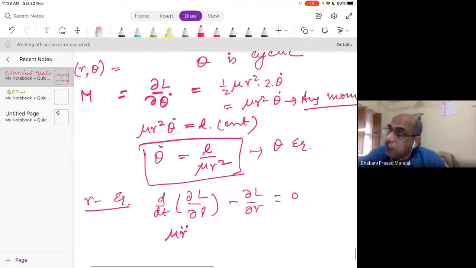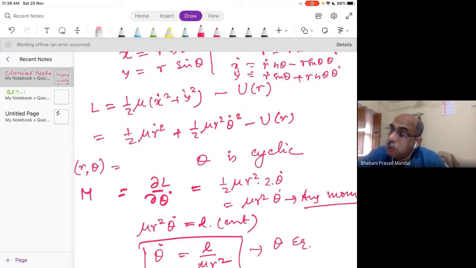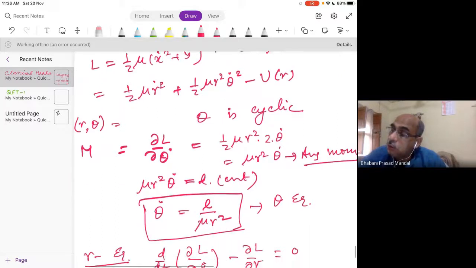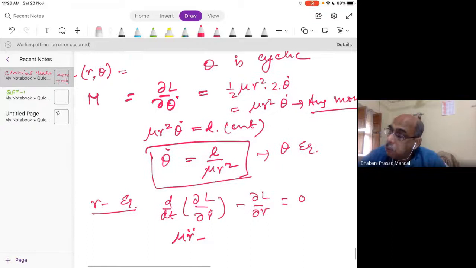Then del L del r: if you differentiate the r square term, it will be minus mu r theta dot square, then plus del u del r equal to 0.